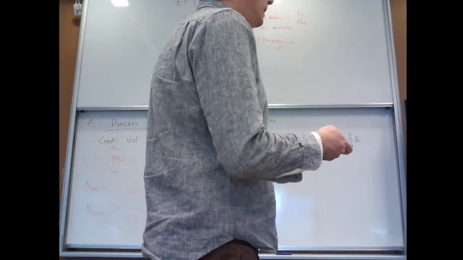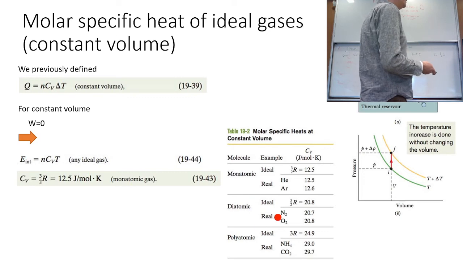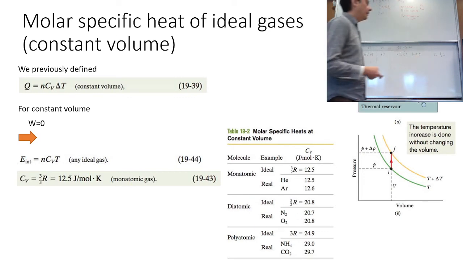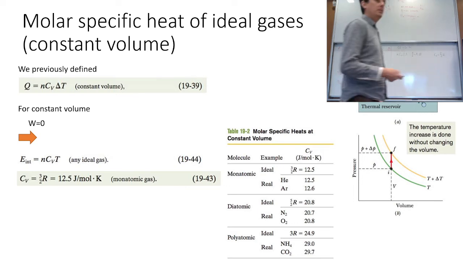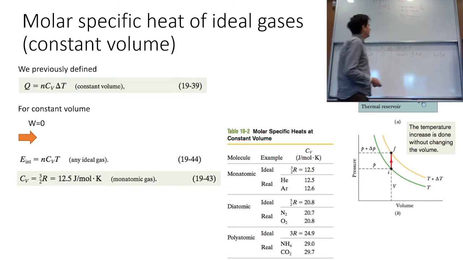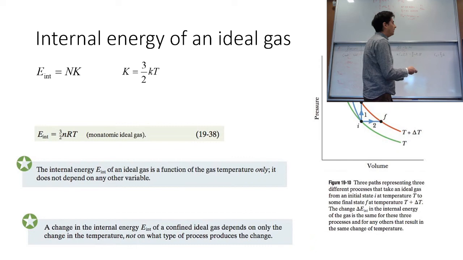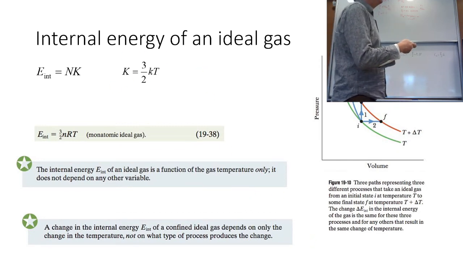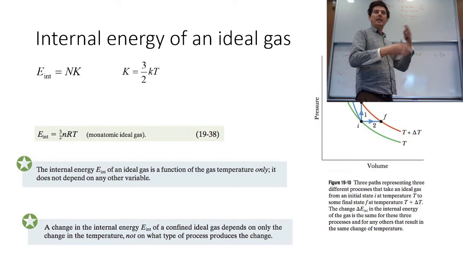Okay, so this 3/2 R certainly works for some gases, but for some other gases, it doesn't quite work. Sometimes you get something more like 5/2 R, sometimes you get like 3R, and I think we'll come back to this point, but this has to do with the fact that when we did our derivation of this 3/2 kT, we didn't take into account that these could be molecules that could be rotating or anything like that.